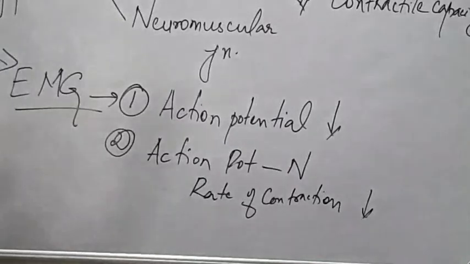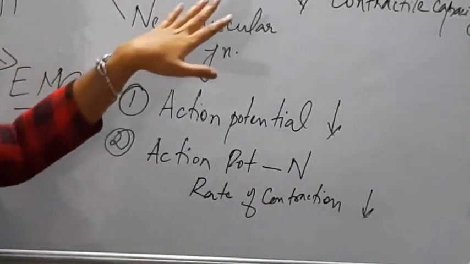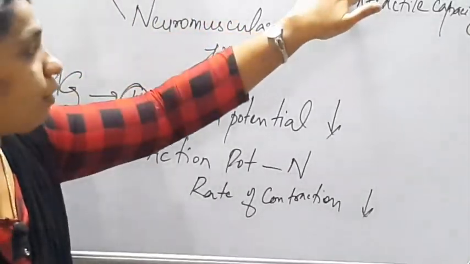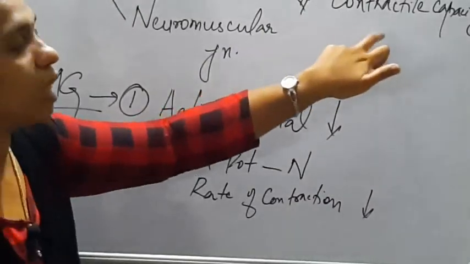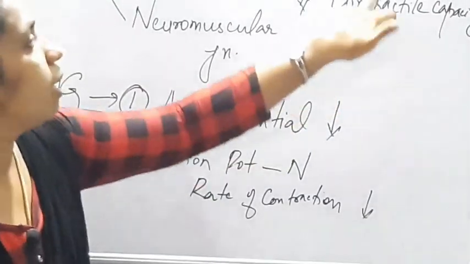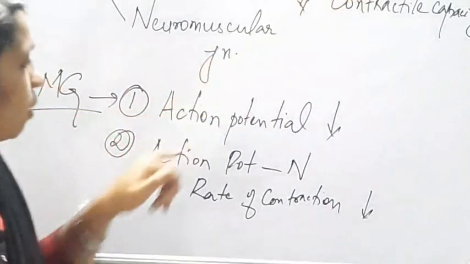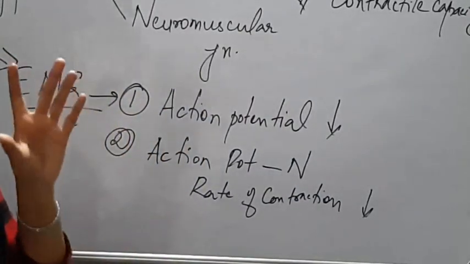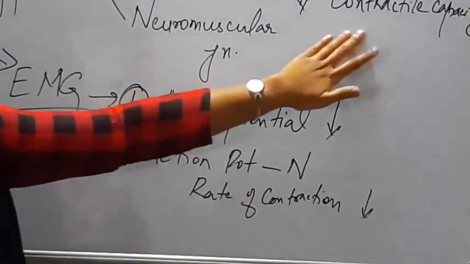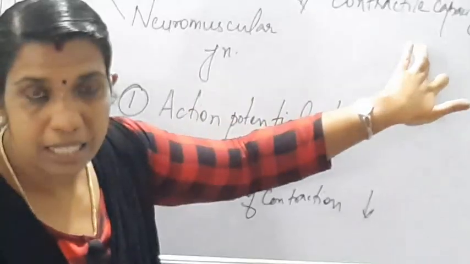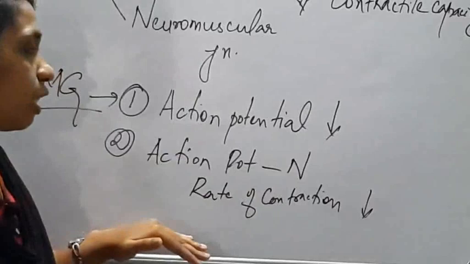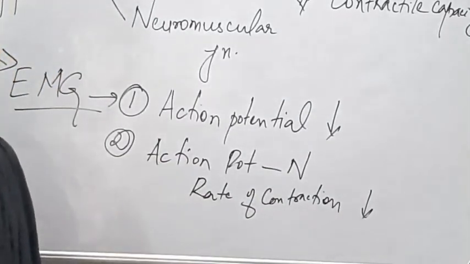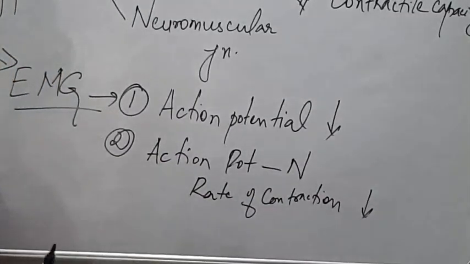This is how you differentiate weakness due to reduction in number of muscle fibers from weakness due to reduced contractile capacity. In reduction of number of muscle fibers, the action potential itself is reduced, and in case of reduced contractile capacity, the action potential will be normal but the speed and rate of contraction will be reduced.